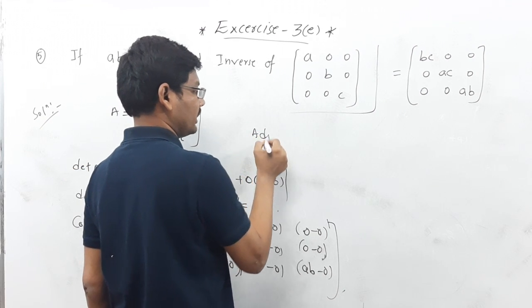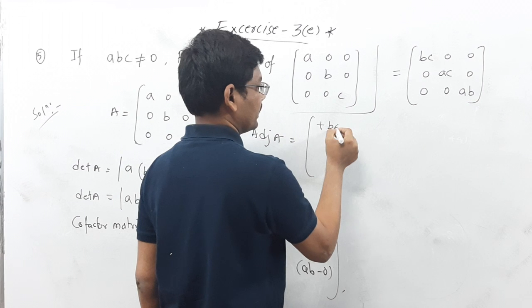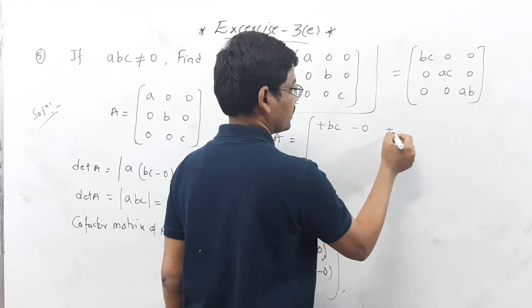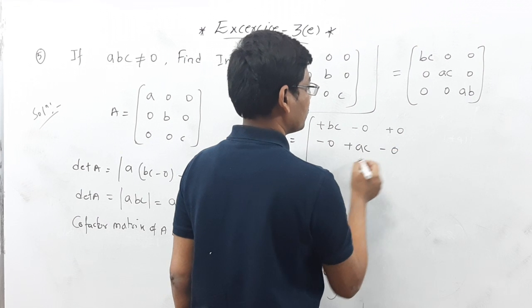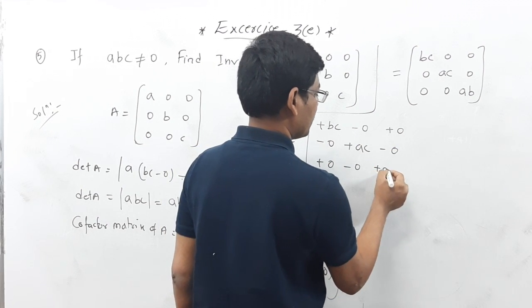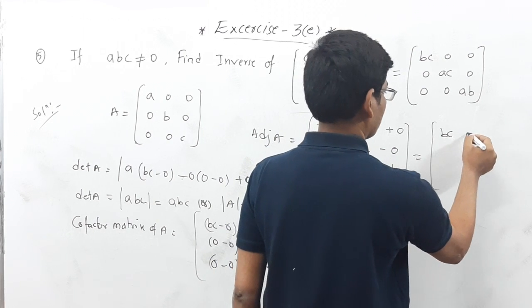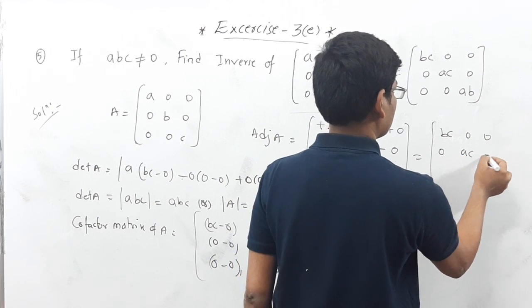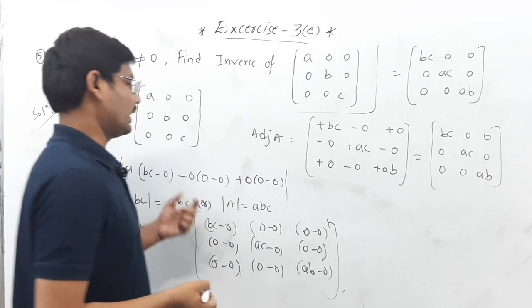Adjoint A is equal to changing of signs: plus BC, minus 0, plus 0, and minus 0, plus AC, minus 0, and plus 0, minus 0, plus AB. Again we get the same one, that is BC 0 0, 0 AC 0, 0 0 AB. Now we want A inverse.